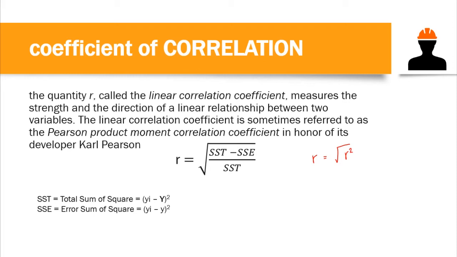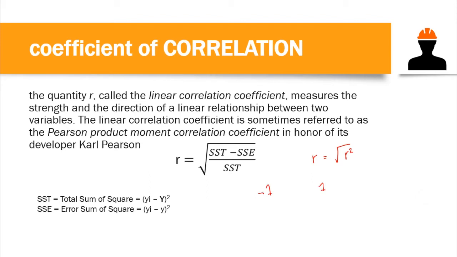Again, the coefficient of correlation measures how strong the relationship is between the two variables. The value of the coefficient of correlation varies from -1 to +1.